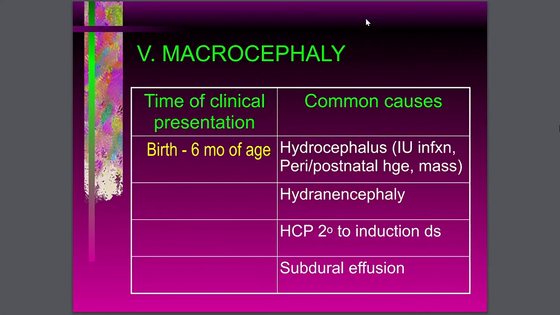So we have here a table showing the different causes of a big head. If there is an enlargement of the head from birth up to 6 months of age, the following are considered. The enlargement of the head circumference may be due to hydrocephalus, which may be due to an intrauterine infection, a CNS infection, neonatal meningitis, or it may be secondary to peri- or postnatal hemorrhage, or a tumor or a mass.